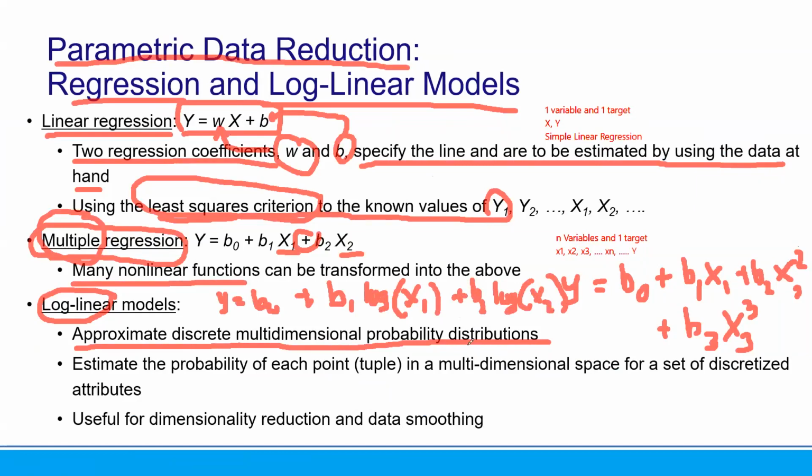So we call this the probability distribution with the log function. And it estimates the probability of each point tuple in a multi-dimensional space for a set of discrete attributes.